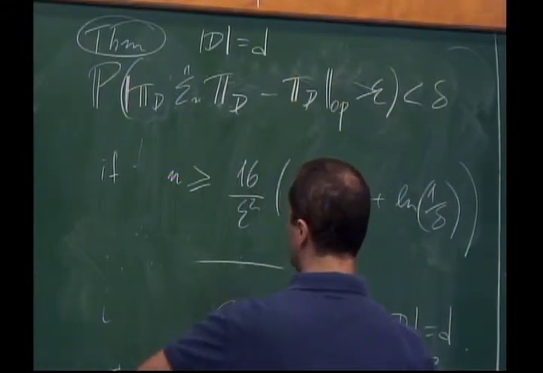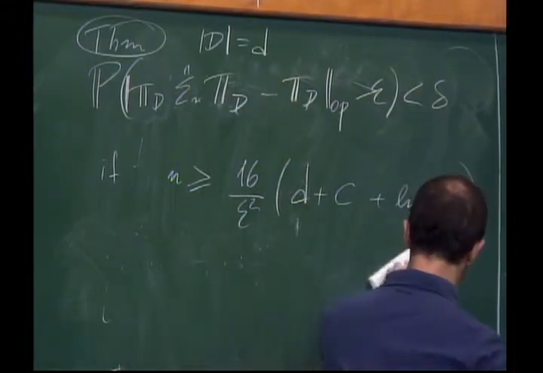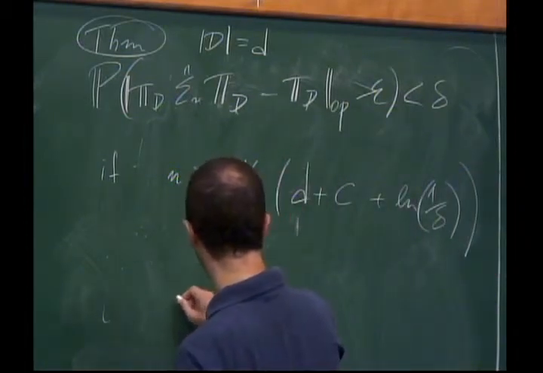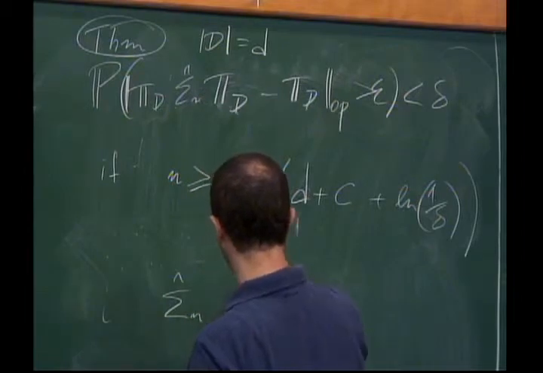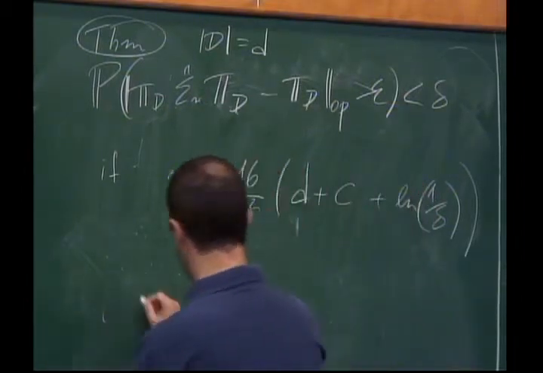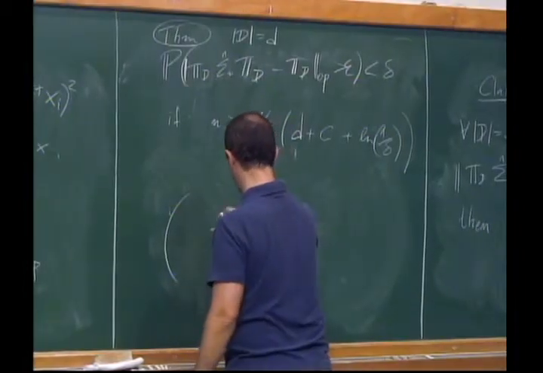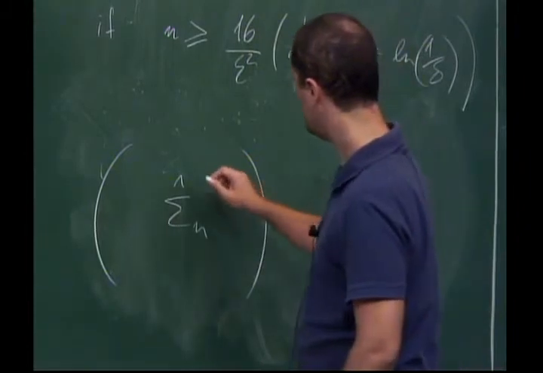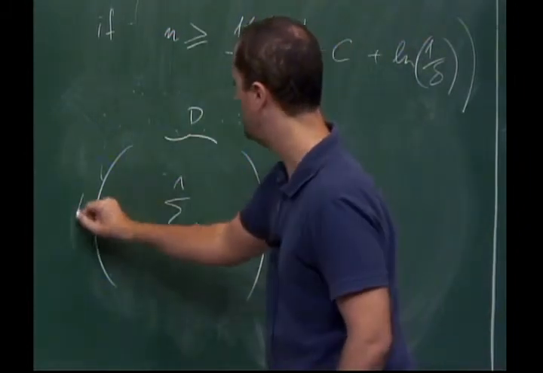So why is that the case? There are at least two ways to see it. Here you have your matrix sigma hat n, which is something huge. But you're saying, I want to look at this block here.